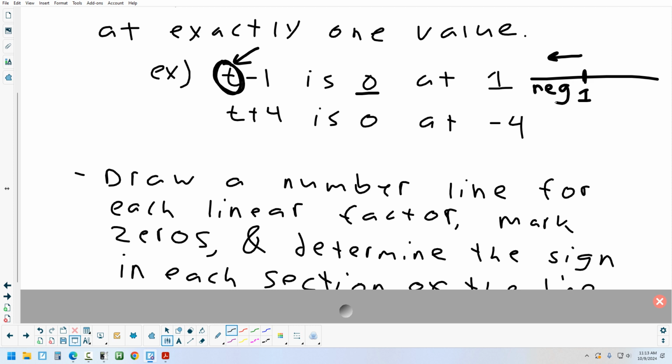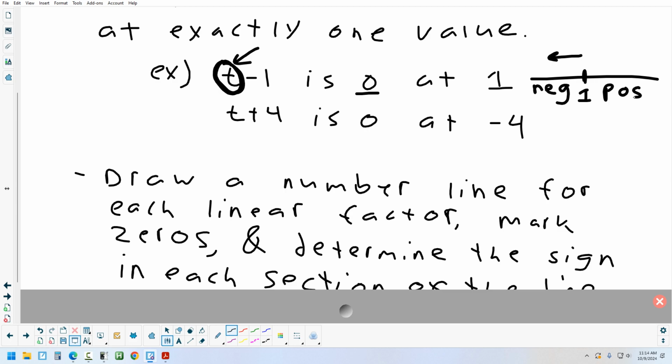Now think of a number bigger than 1 and fill it in for t right here. If you plug in a number bigger than 1, what kind of answer will you get? Yep, a positive. So what we're doing is drawing a number line, marking the number you plug in to get 0, and then breaking it into the two sections and figuring out which one is which.